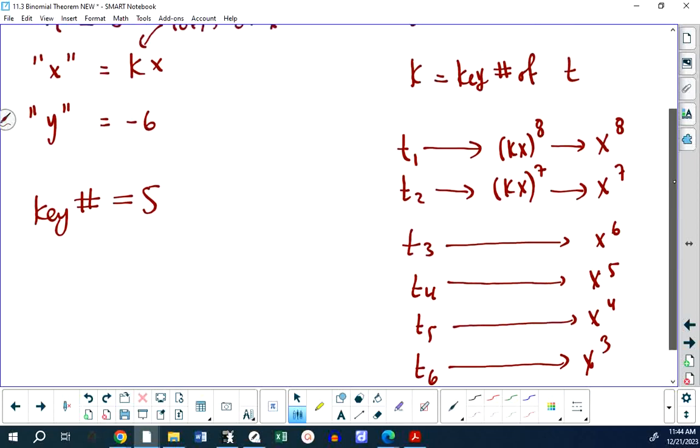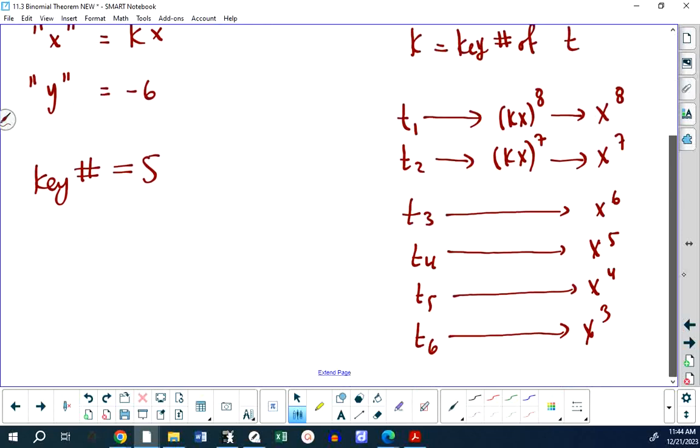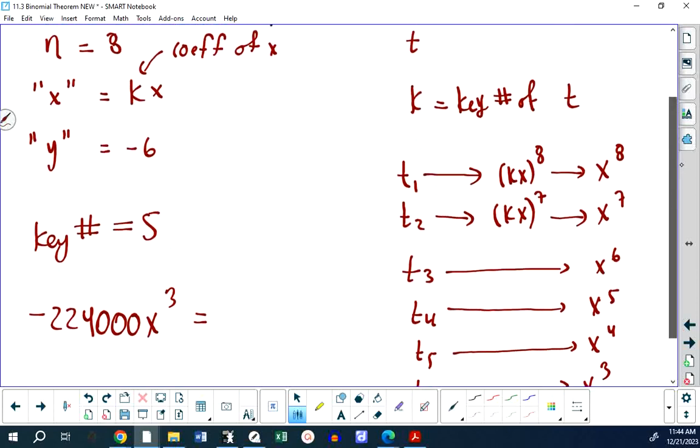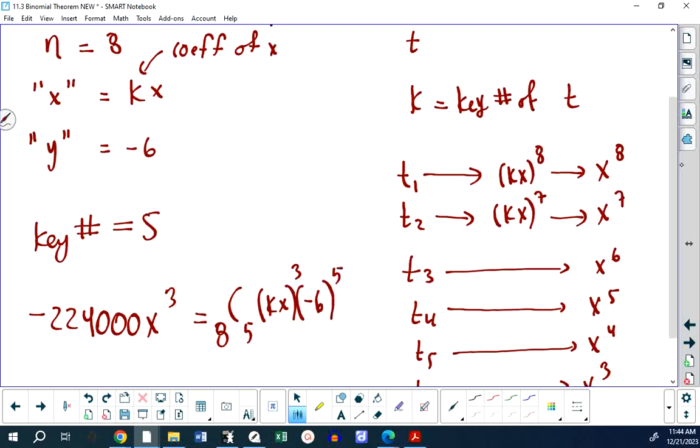And that means that this negative 224,000x cubed is equal to 8, choose our key number, times x, which is kx, raised to the difference between n and the key number, times y to the key number.